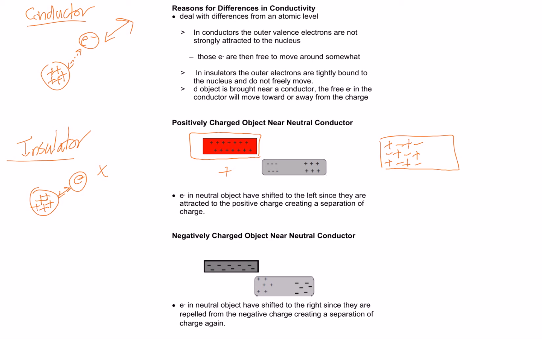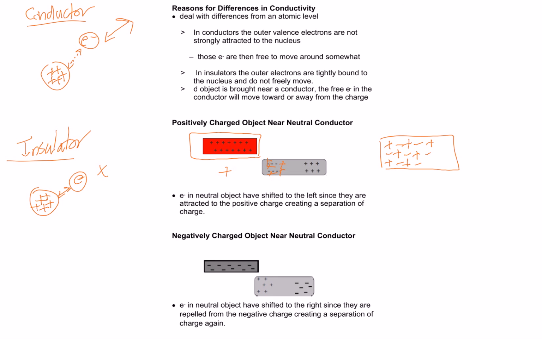But as soon as we bring something positive close to it, most of the electrons are free to move. They're going to pile up on the end closest to that positive object. It's not like the protons are getting pushed away, so there are still positives over here. Maybe this diagram isn't too accurate, but our positives are equally spread out throughout the whole thing.